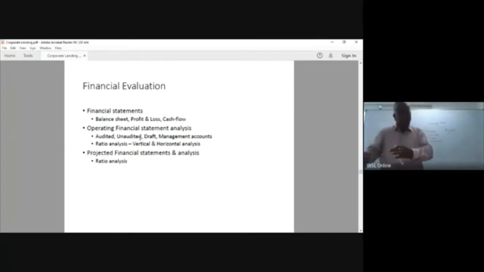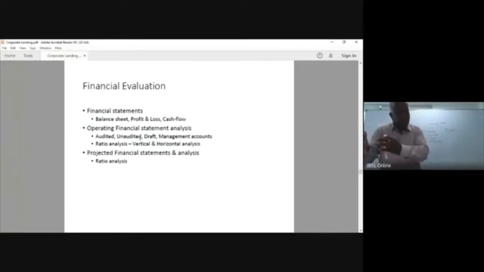That means there may be amendments to this unaudited statement, so you should know. An audited statement you can rely on much. Unaudited, you can't rely on as much, because the auditors haven't signed the document together with their opinion.